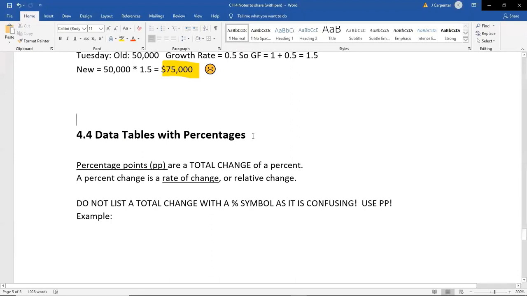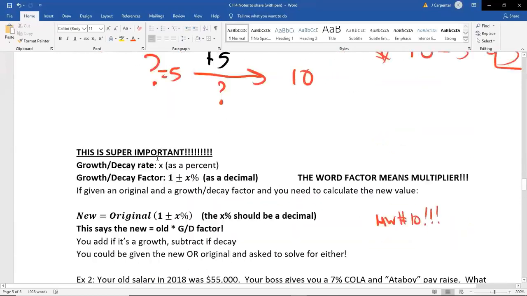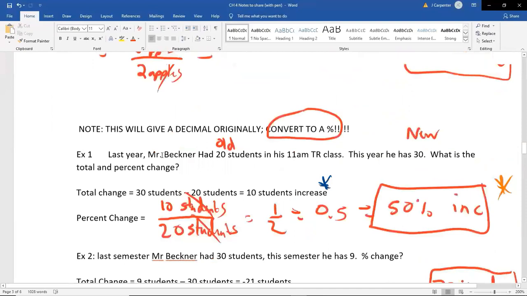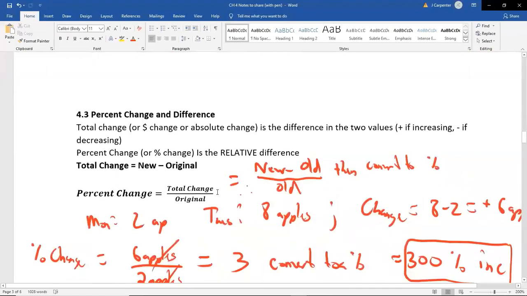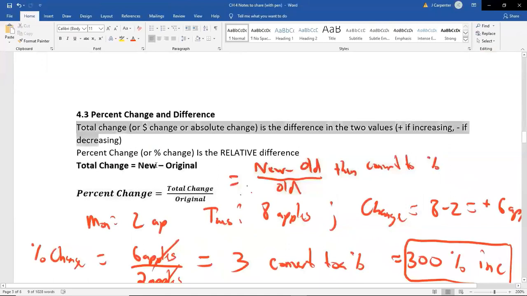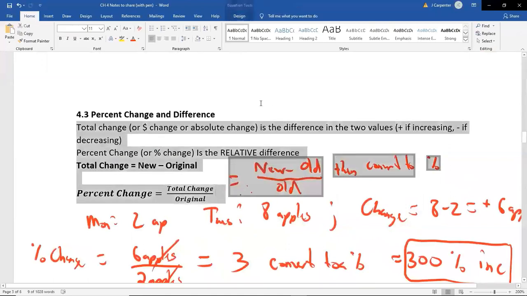4.4, data tables with percentages. We are going to literally do the exact same thing in this section as we were doing in the last section. We are mainly going to be focusing on total change and percent change. Sorry, I'm trying to find out where the formulas are. We are mainly going to be dealing with this stuff again.